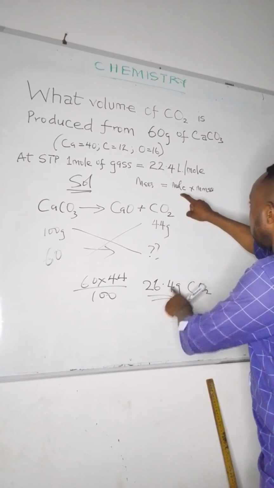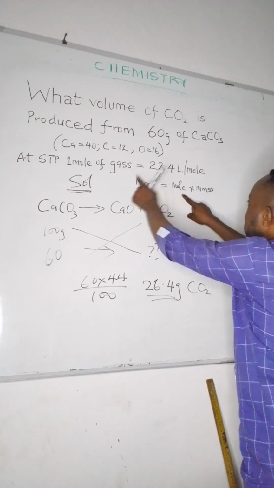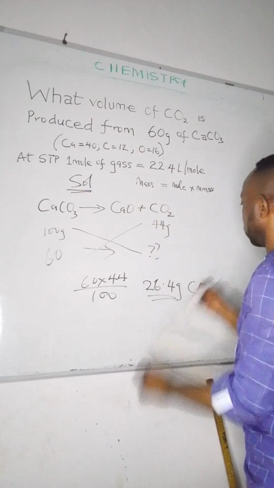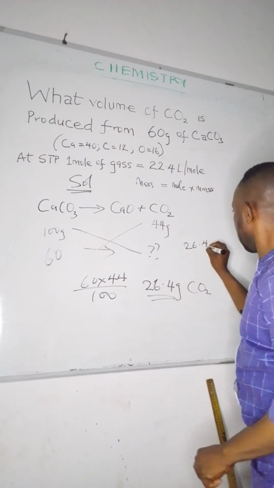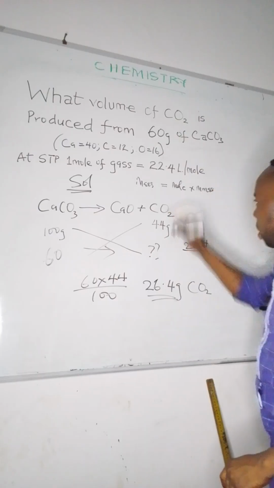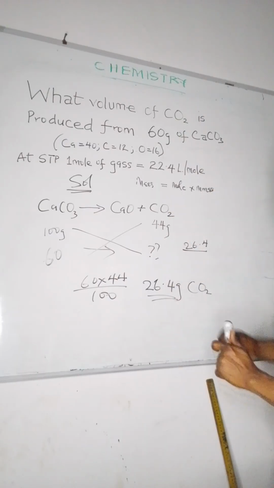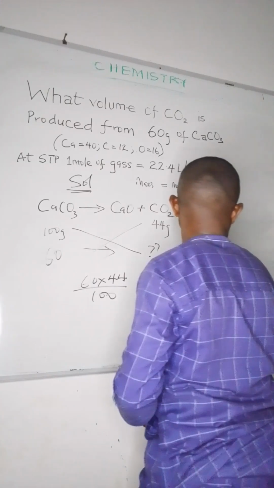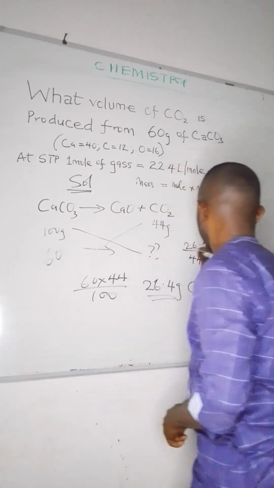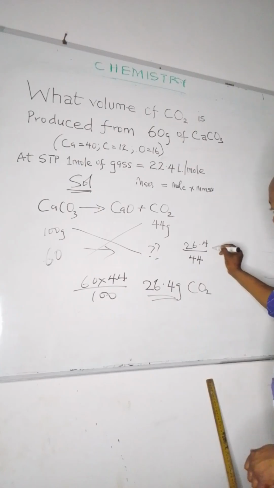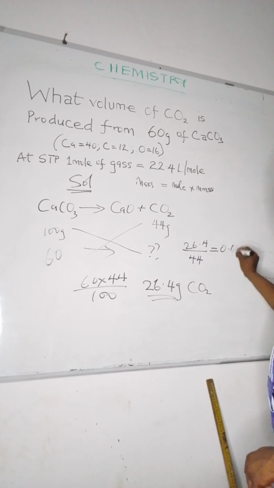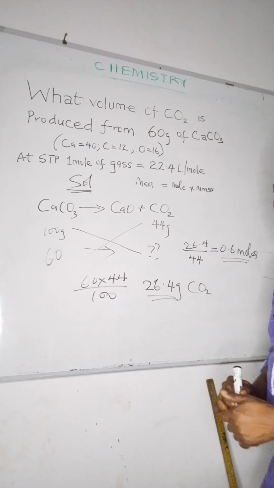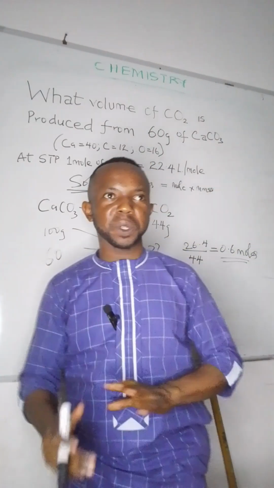So if you are converting it to mole, it will now be this mass over molar mass, which is 26.4 all over the molar mass of carbon dioxide, which is 44. If you divide 26.4 by 44, it will give you 0.6 moles. Yes, 0.6 moles.